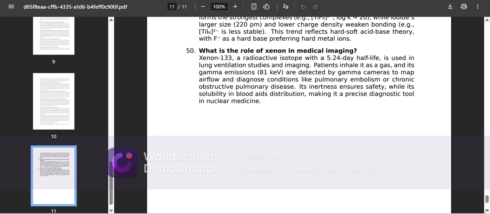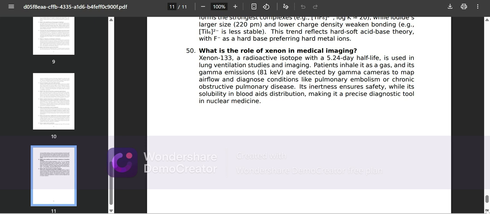What is the role of xenon in medical imaging? Xenon-133, a radioactive isotope with a 5.24 day half-life, is used in lung ventilation studies and imaging.